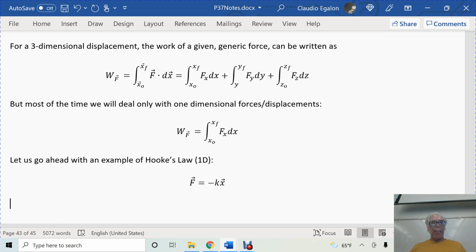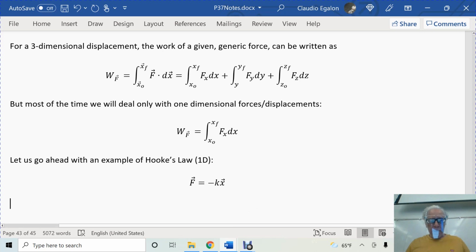But Hooke's law is very important, because it applies not just to a spring, but also to many other situations that we find in physics. Okay? But we start with the spring that is easily seen by you all, right?